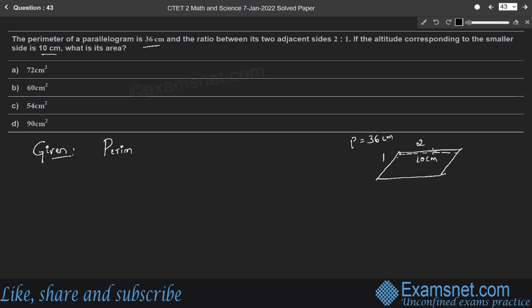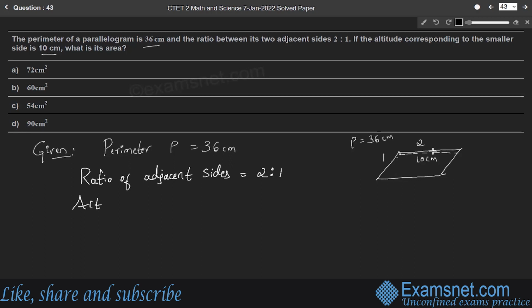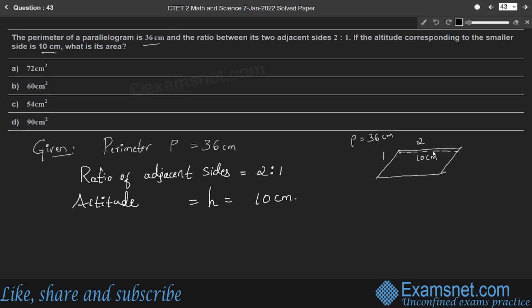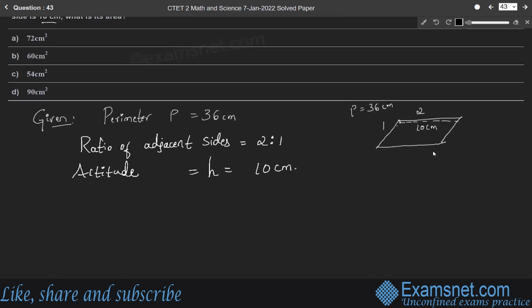Now, here given perimeter P is equal to 36 centimeter. So ratio of adjacent sides is equal to 2:1, right? So altitude corresponding to the smaller side h is equal to 10 centimeter, right? Then what is its area?